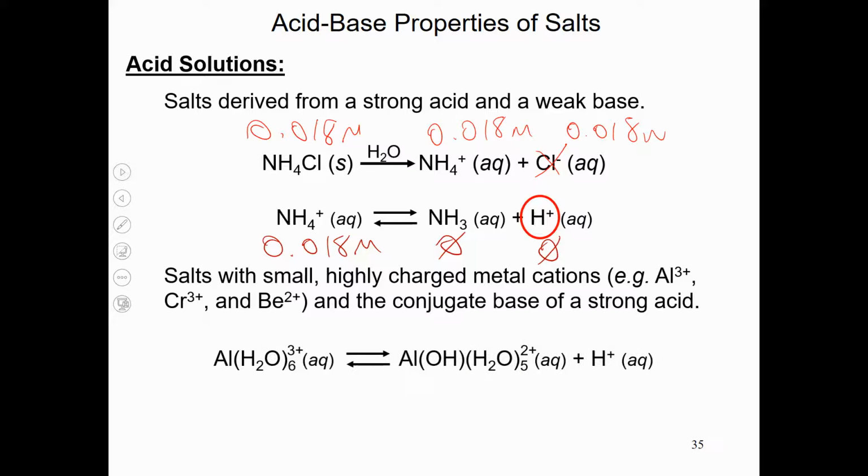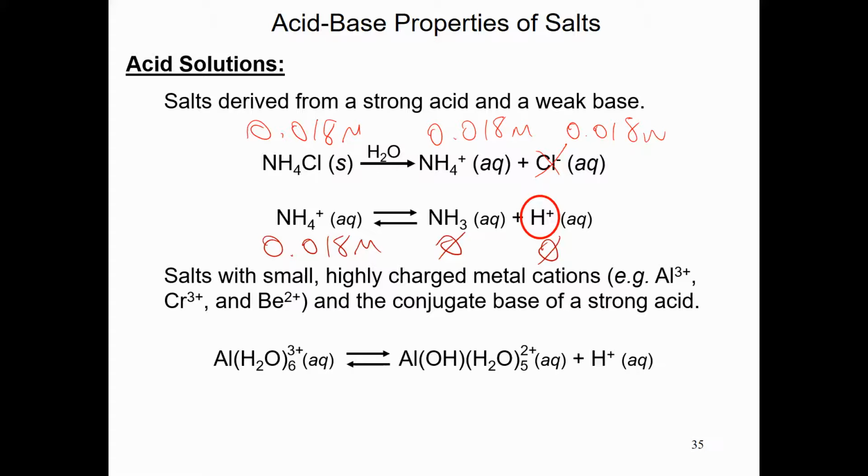All right. So now salts with highly charged metal cations. Okay. So like Al3+, Cr3+, and Be2+, these cause the acid to increase in a solution where these ions are placed because they get surrounded by water molecules.